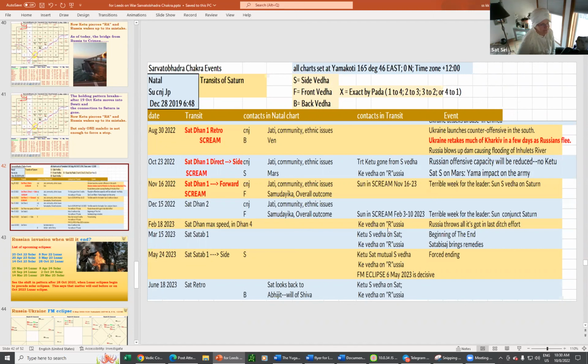So that's part of developing expertise in using the Sarvatobhadra Chakra, because fast planets will go in and out of these important points and we can't get carried away by them. But it is interesting that the sun will go through the corners on the week of November 16 to 23. And because Saturn is still in the corner, that becomes a Sun-Saturn dosha, which should impact the leader.